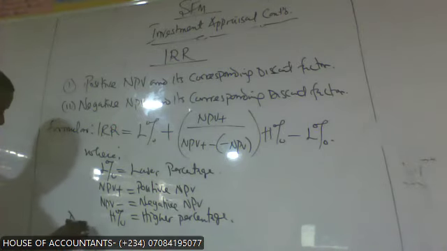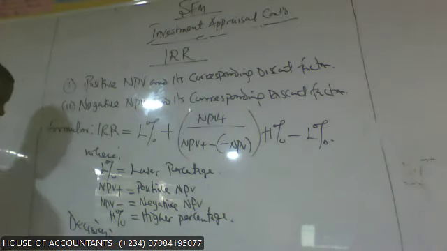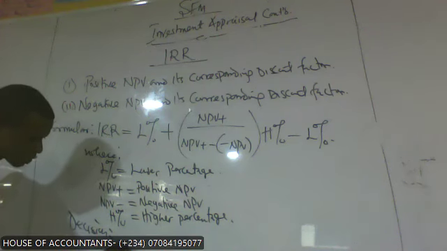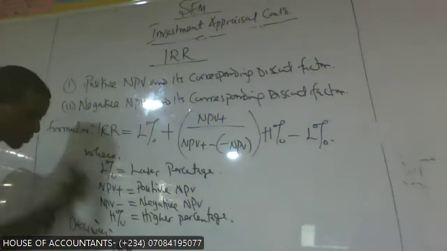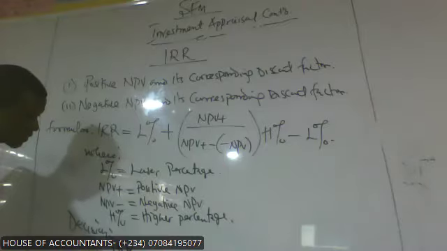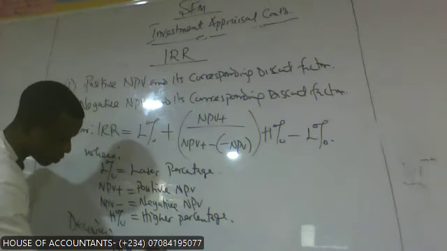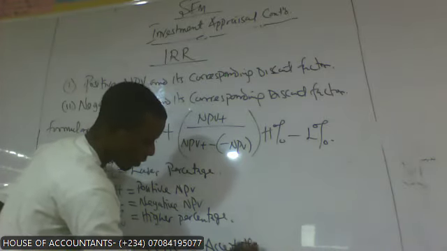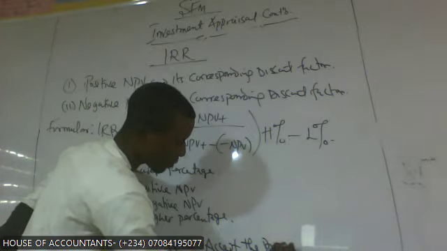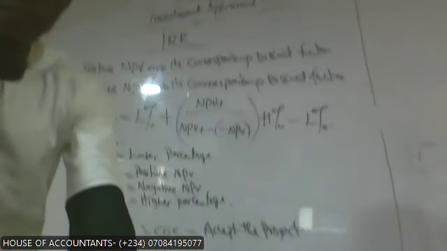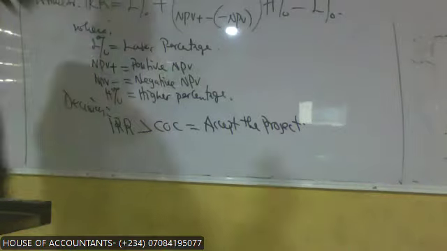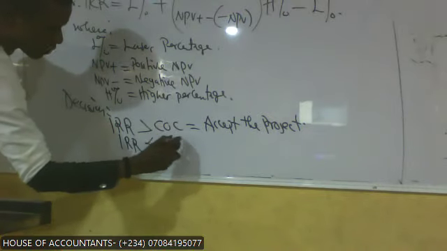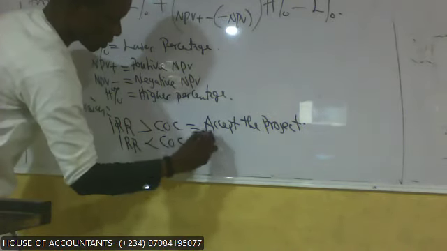What is the decision? The decision is going to be based on the internal rate of return. If it's greater than the cost of capital, you accept the project. It means that the project is profitable. If the internal rate of return is less than the cost of capital, it means that it is a loss project.